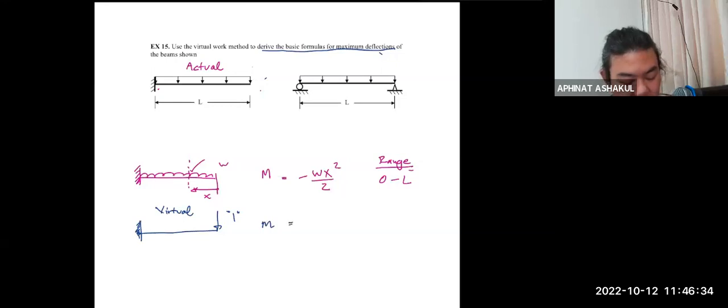And again, if you're not very efficient, you're going to have to cut the free body diagram and take moment at this point, and that is x. So my moment is now minus 1x, with a similar range.